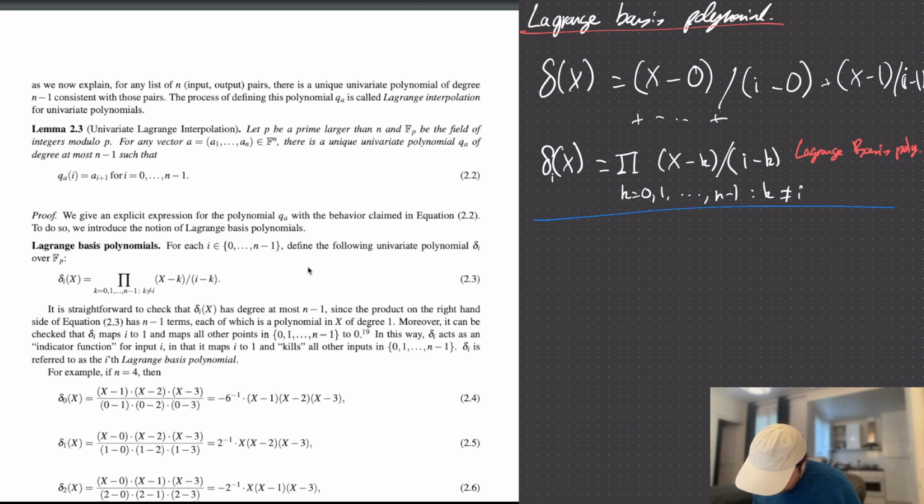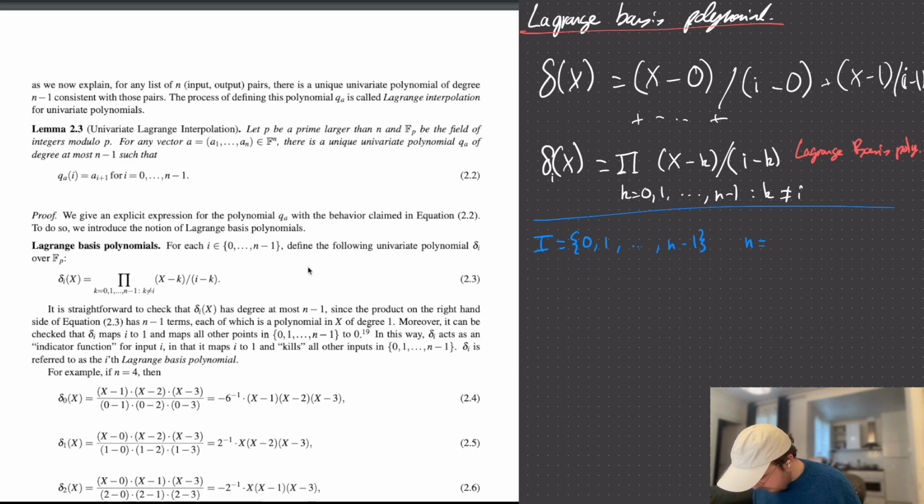The inputs, maybe I should do big I, we're doing math, not coding, equal 0, 1, ..., n minus 1.